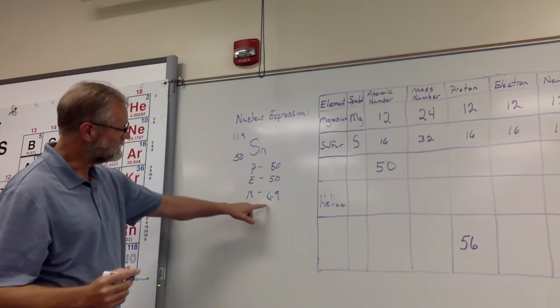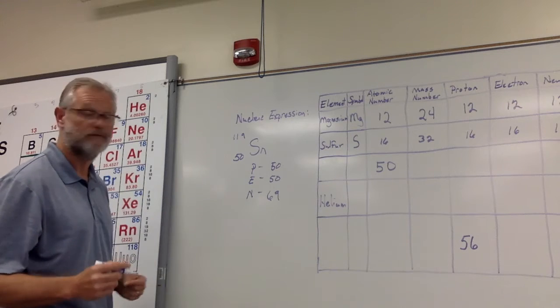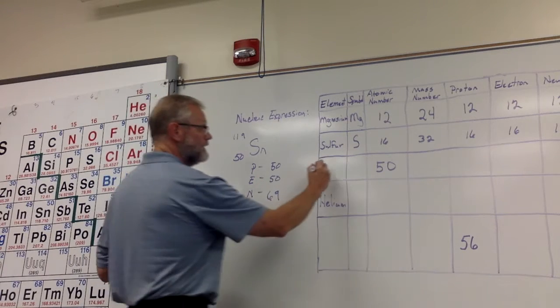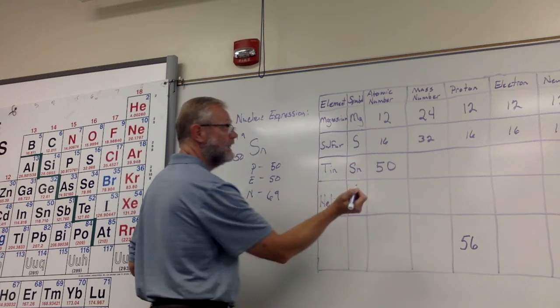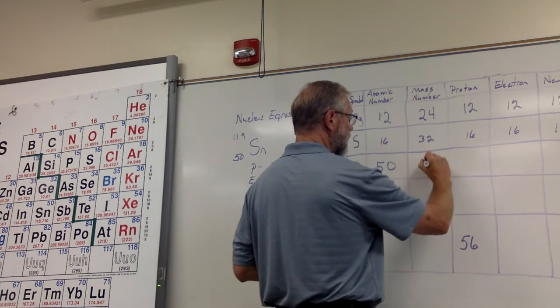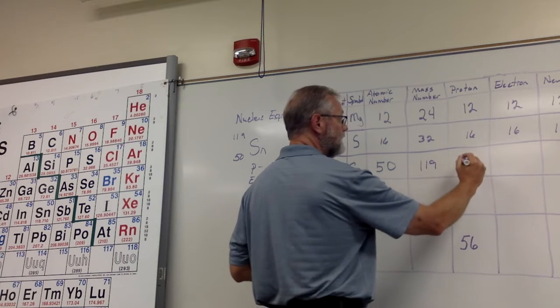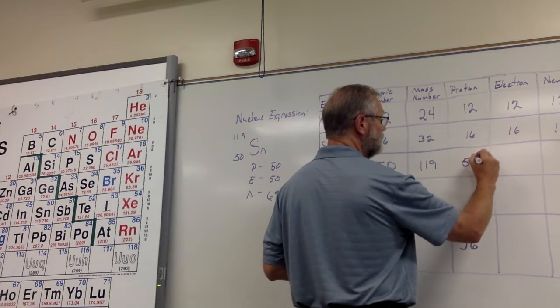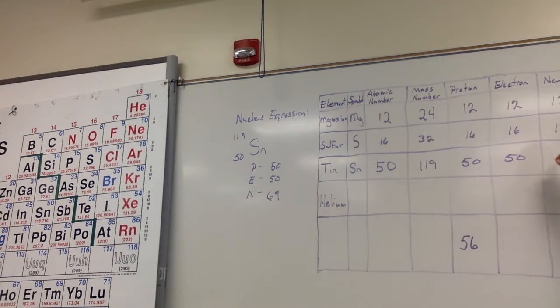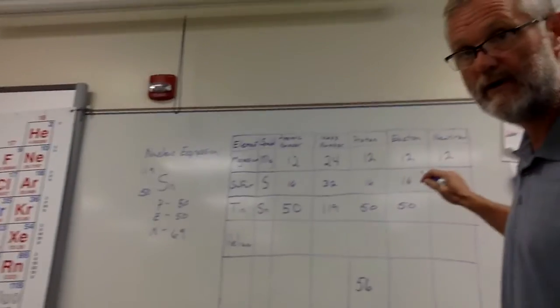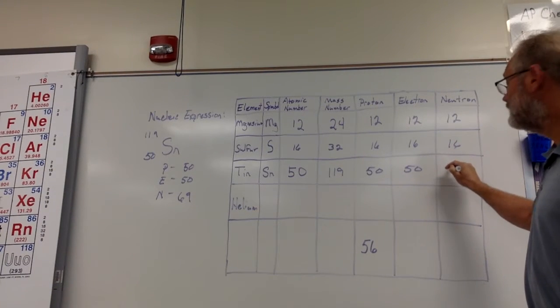So you can clearly see that this is much, much different from the other ones. So I'm going to put tin, it's Sn, its atomic mass or mass number is 119. Then protons is 50, electrons is 50, and my neutrons, run out of range here, is 69.